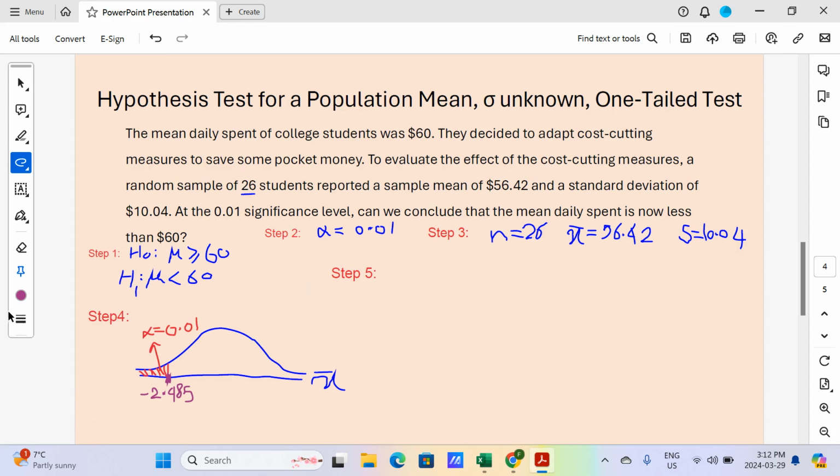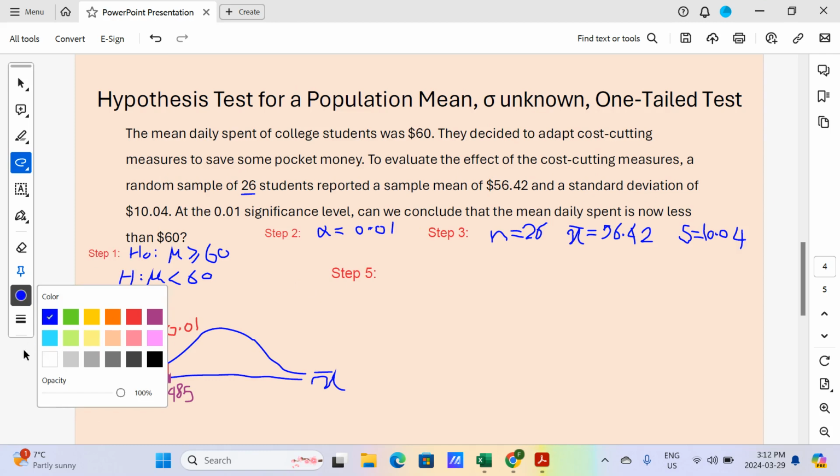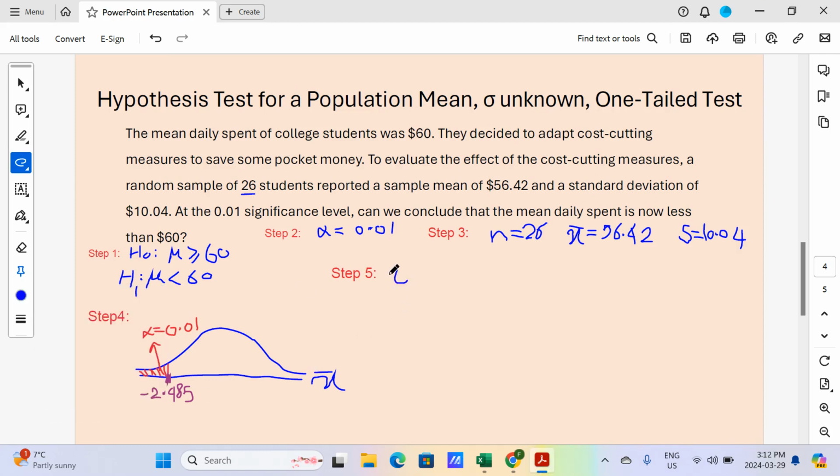So I need this formula: t is x bar minus mu over s, since sigma is unknown, I have the sample standard deviation over square root of n. By using this formula, we need to find the t-value of x bar.